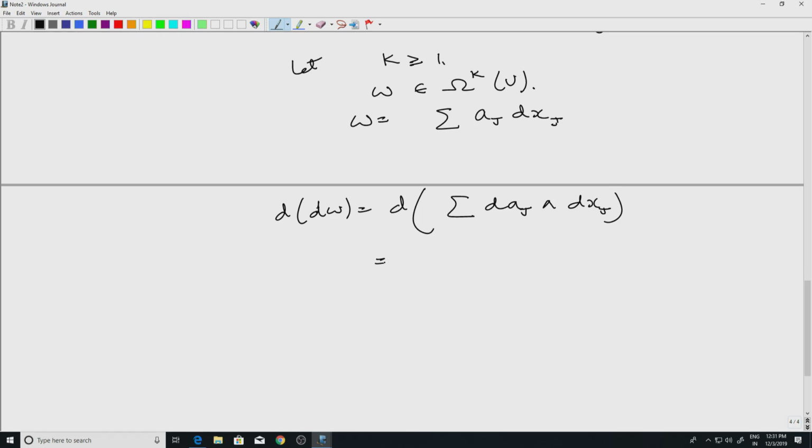So now again I plan to use, so this sum is over multi-indices j.